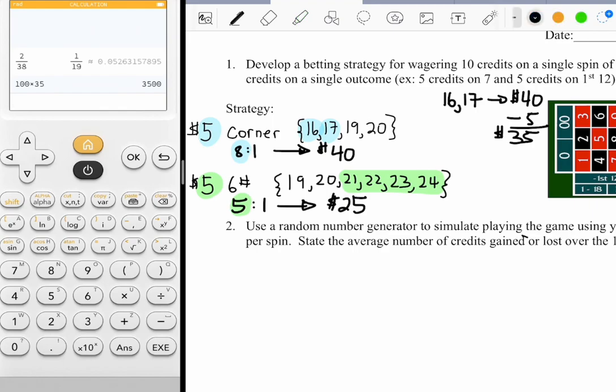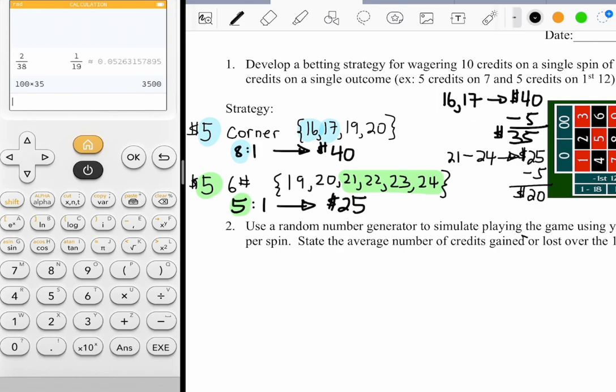So if the numbers 21 through 24 come in, I would win my $25 bet. I'm sorry, my $5 bet, leading me to gain $25. But I will have lost the corner bet, so I'd knock off 5 from there, and that would leave me with only $20.